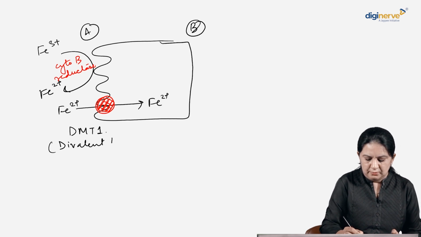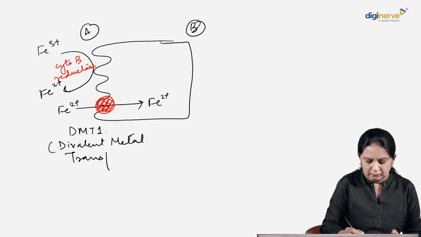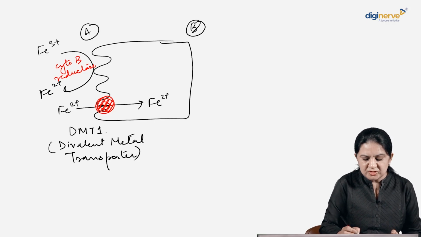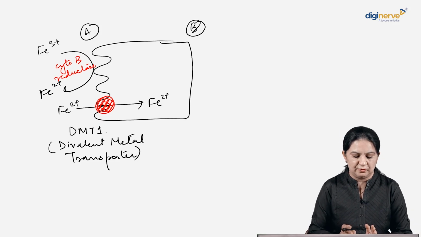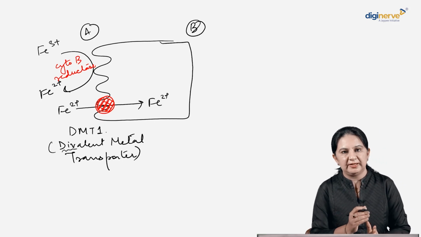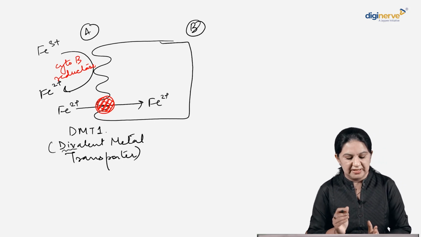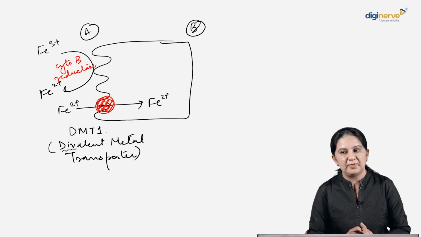Divalent metal transporter. Because of this DMT1, the ferric form had to be converted to ferrous form because, as the name suggests, divalent, it can take up only ions which are valency 2. Along with the iron, this DMT1 also takes up manganese and copper with valency 2.